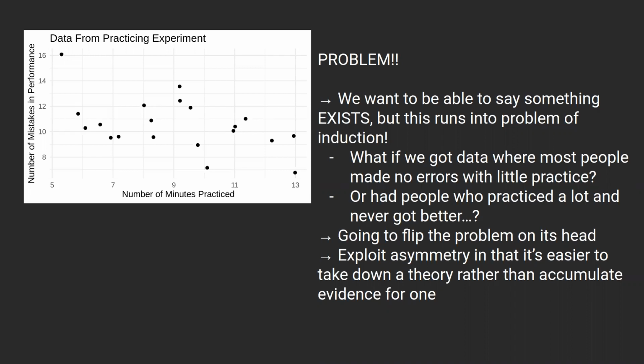This is important because it's going to help us get around some of these induction problems. More specifically, it takes the problem of induction that we talked about earlier, and we're going to try to exploit this asymmetry, which we'll explain, that it's easier to take down a theory rather than accumulate evidence for one. So let's jump to the next slide.